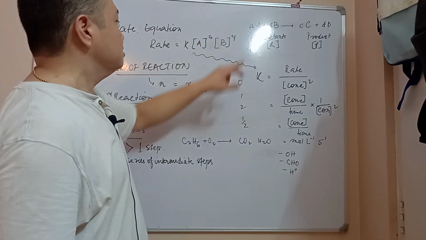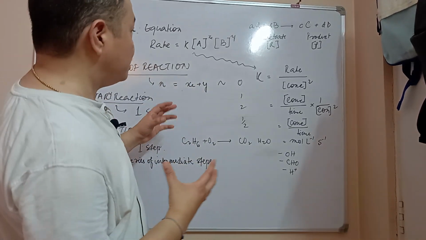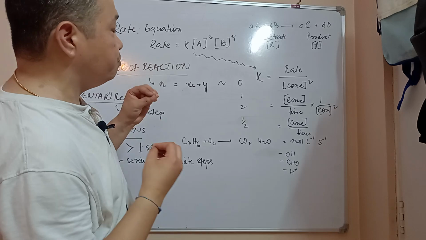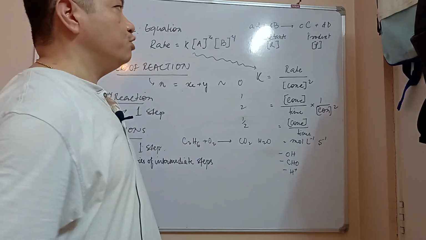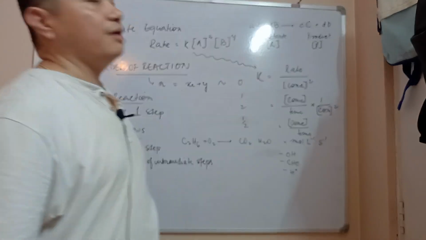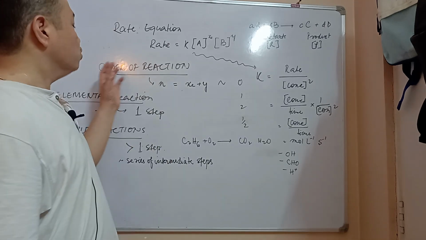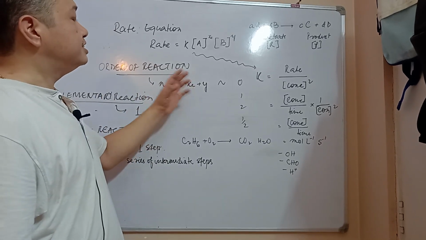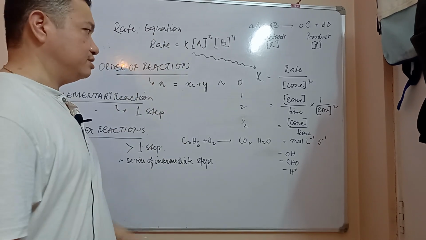So these powers, which we use to find the order of reaction, are something we get from doing experiments, not by simply looking at the general chemical reaction. So what is order of reaction? It is nothing but the sum of the powers of the concentration in a rate equation.